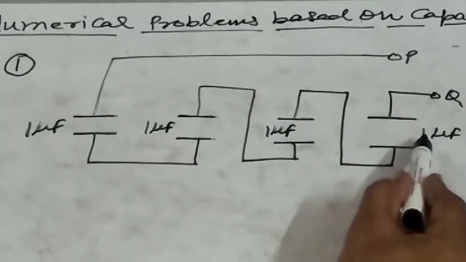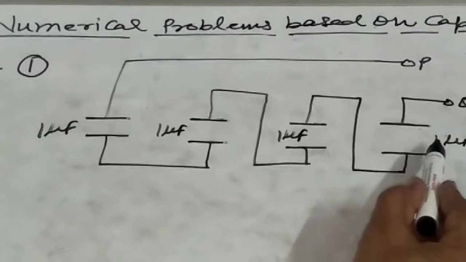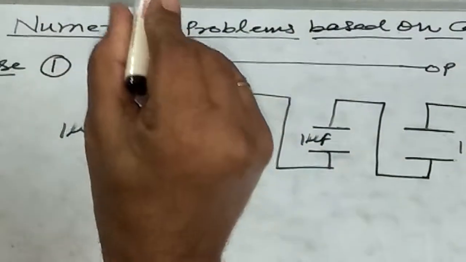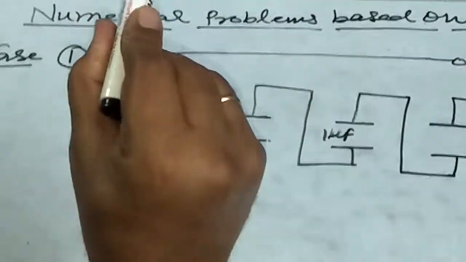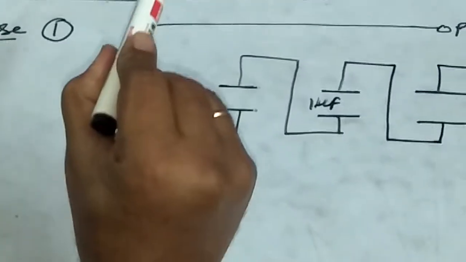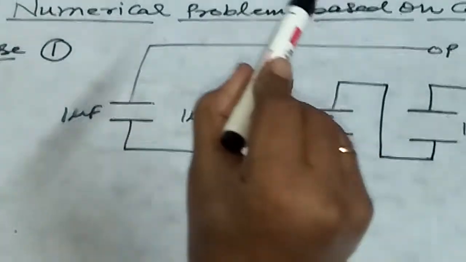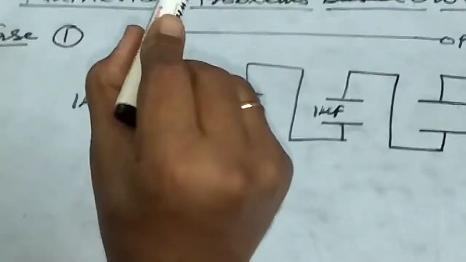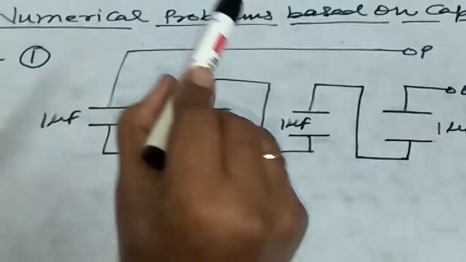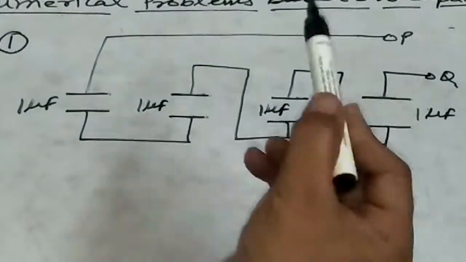You know what is the condition for the series combination of the capacitors? The second plate of the first capacitor must be connected to the first plate of the second capacitor, and then the second plate of the second capacitor be connected to the first plate of the third capacitor, and so on.